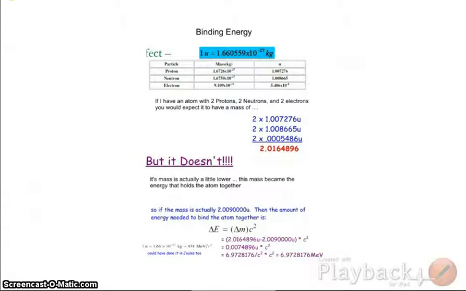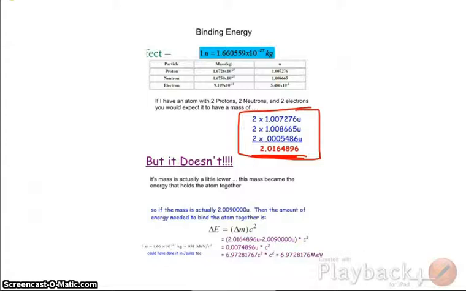Now, binding energy. This is where the nuclear reactions combine with Einstein's mass-energy equivalence. They found this really interesting thing, that if you take the sum of the parts, you would expect it to equal the whole. So if you had 2 protons, 2 neutrons, and 2 electrons, and you added their masses together, you would expect to get a mass of 2.016489.